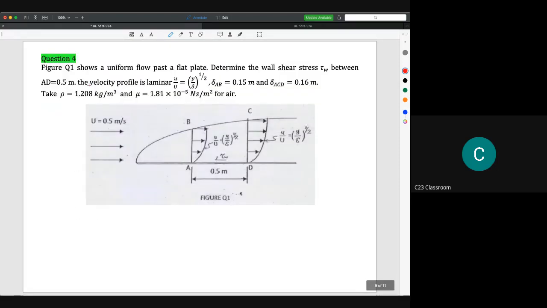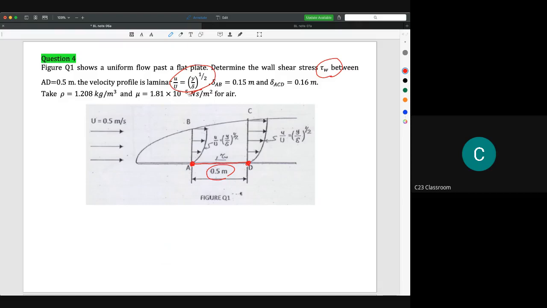Okay, so we go for question number 4 here. Figure Q1 shows a uniform flow over a flat plate. Determine the wall shear stress between A and D, meaning between this point and this point only. The distance is 0.5 meters. The velocity profile is laminar, and it is assumed equal to y over delta to the power of 1/2.